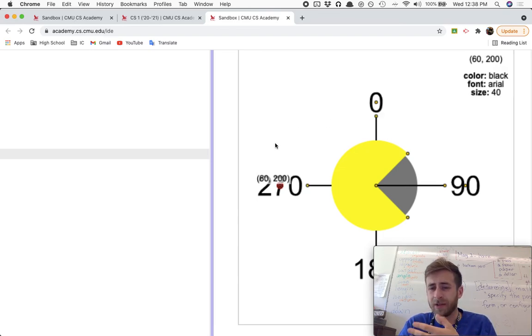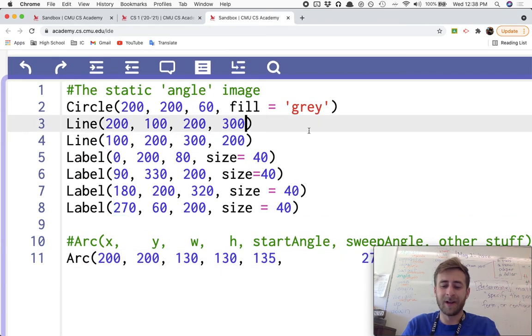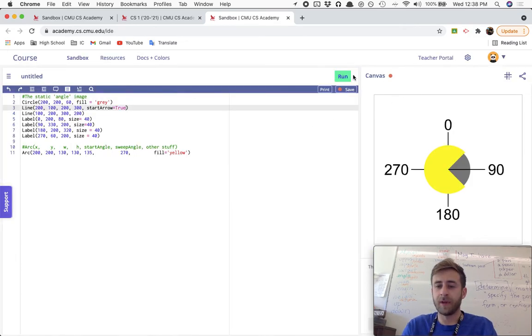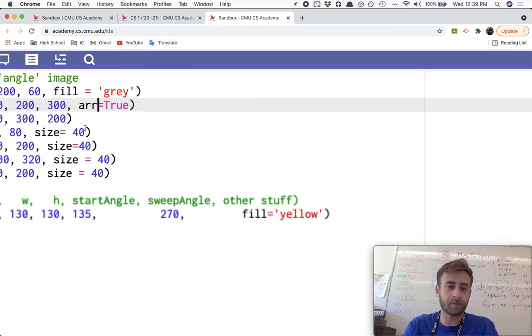I guess the last thing I'll do, just to have both parts of this lesson in here, was lines, like a bonus little thing over here. You can add an arrow at the end of your lines by saying arrow start and setting it equal to true. By default, it starts off as false. Oh, not start arrow, arrow start.